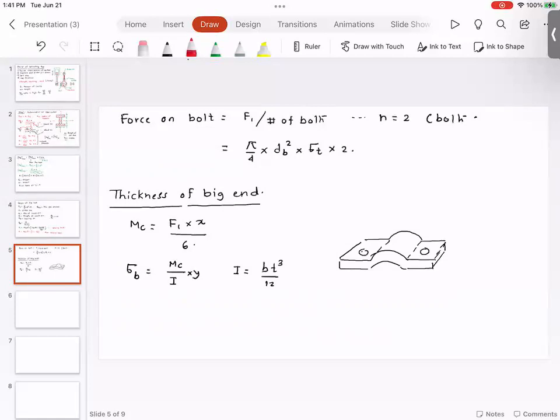This dimension is b. And this dimension is t.